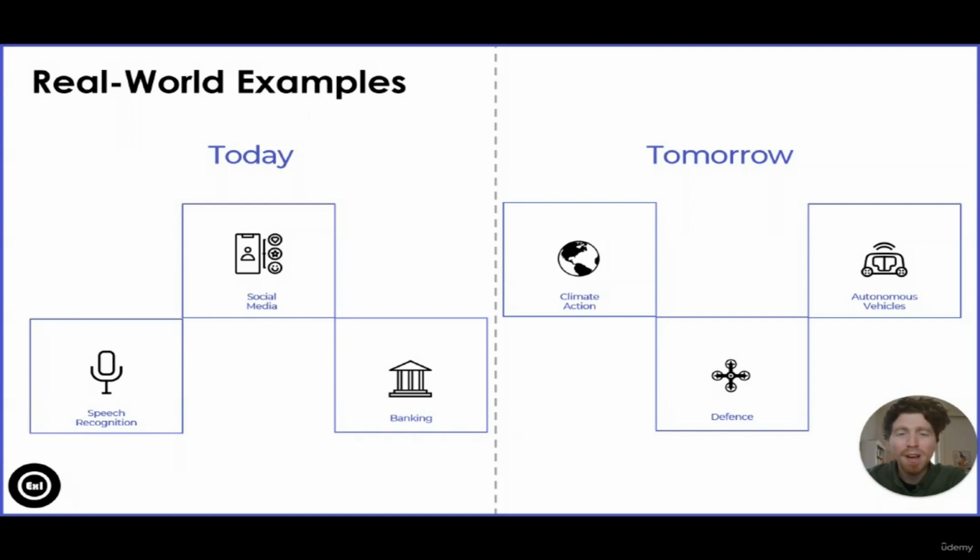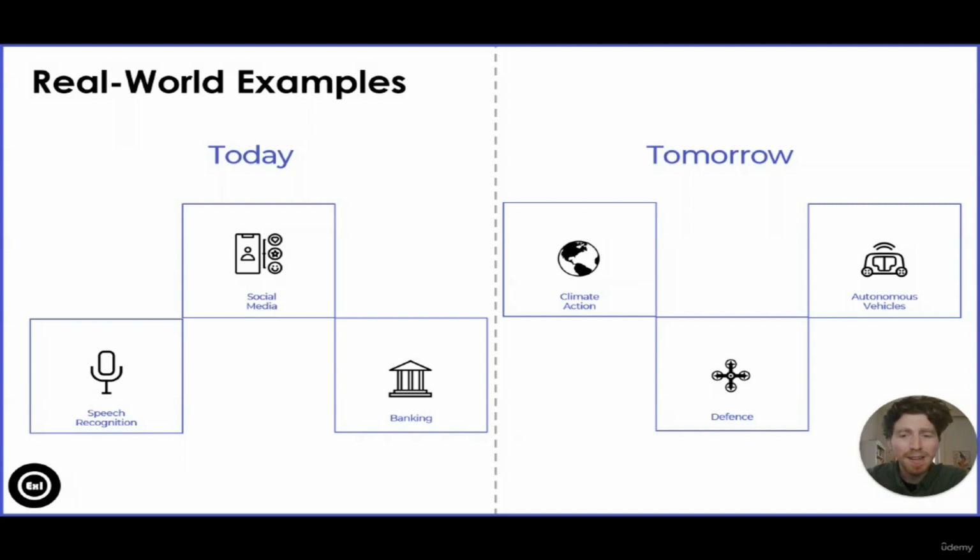Another example where AI is already applied heavily today is social media. Facebook, Instagram, and all of these other applications can recognize faces, and they can give you recommendations of certain products or services you might like, just by analyzing your data and your behavior on their platforms.